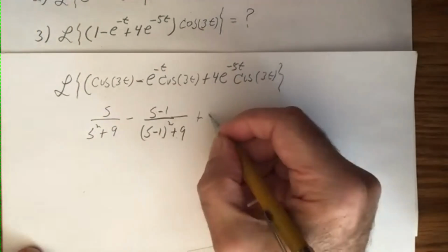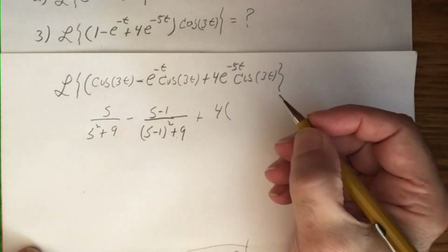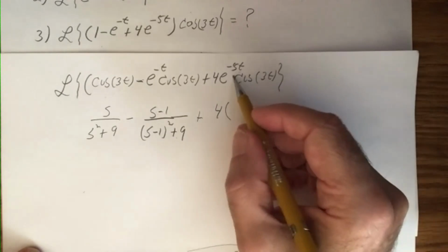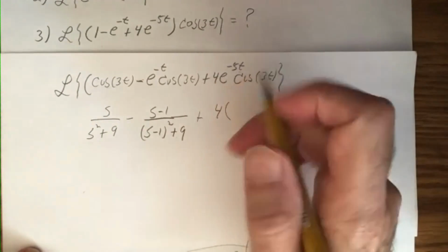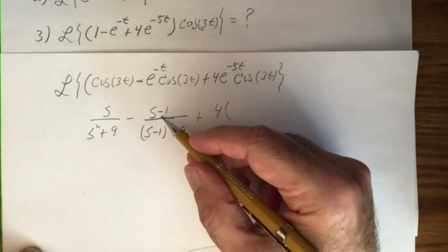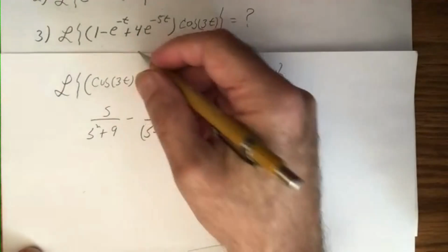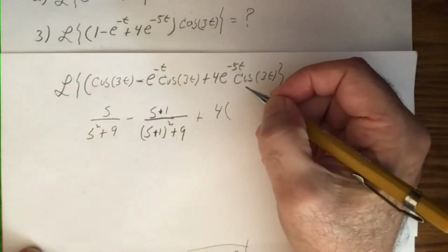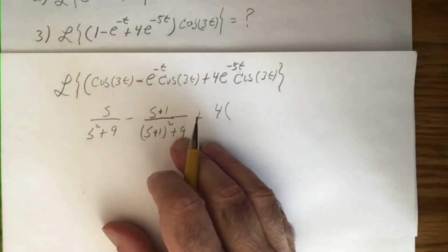And then this one here would be just 4, and now this is a plus. Excuse me, this is a minus. Oh, this is a plus. Did I make that? Okay, I made that. It's different in my notes. Yeah, so this is right. If I make this a minus, then this is a plus, right? I actually copied the problem wrong.